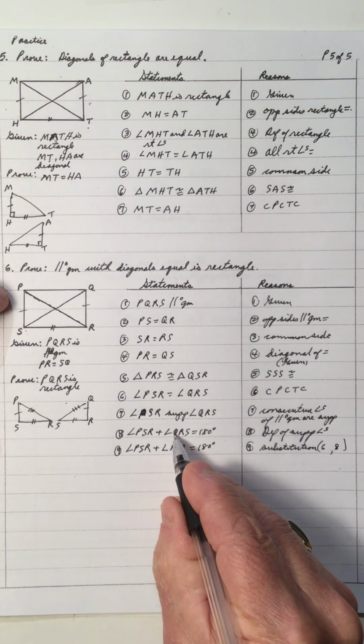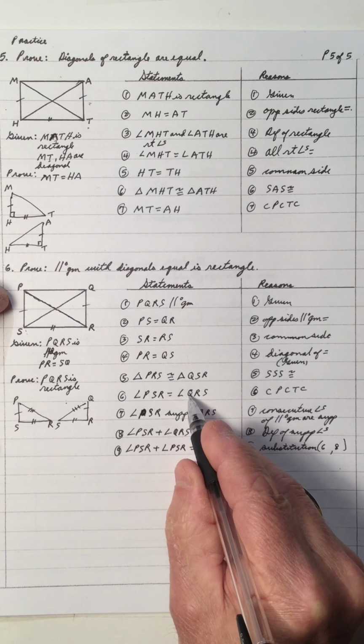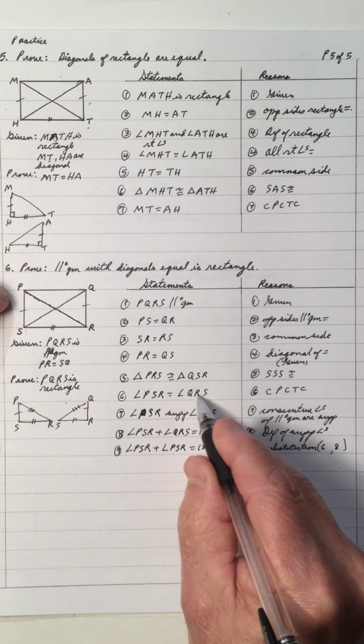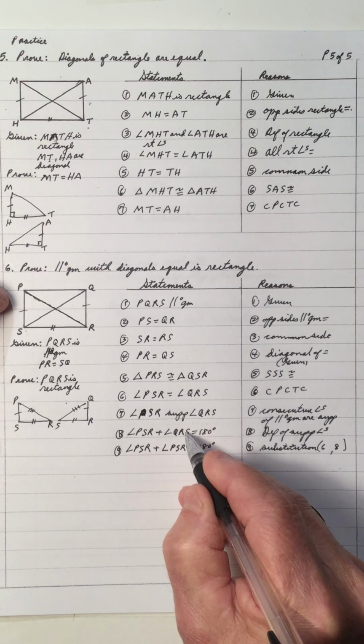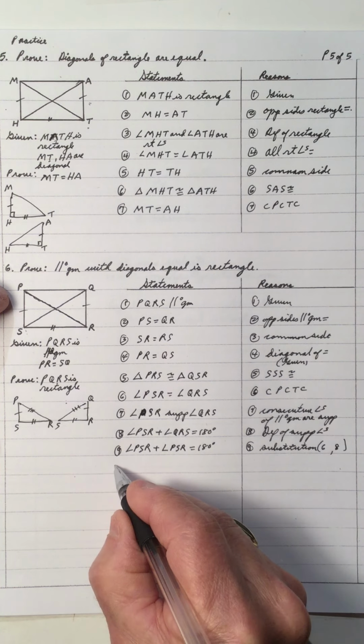So I'm replacing QRS with PSR right here by substitution.